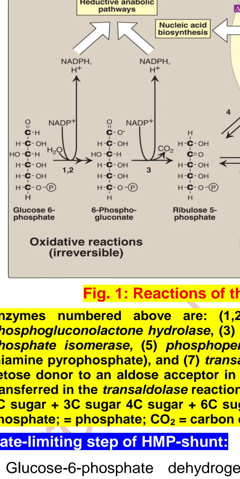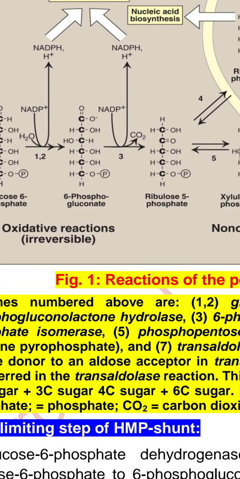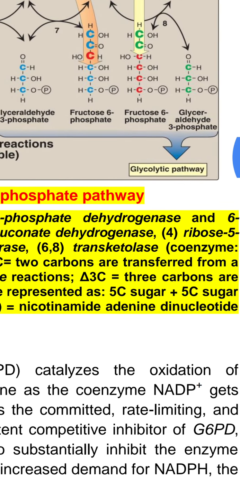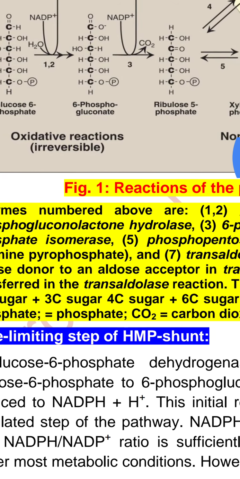You notice in the first step, generation of NADPH, the first molecule, involves two reactions, and the second generation of NADPH is in the third step, which is also irreversible. This is what relates to the irreversible oxidative reactions. Enzymes 1 and 2, as indicated inside the arrow, are glucose 6-phosphate dehydrogenase and 6-phosphogluconolactone hydrolase.